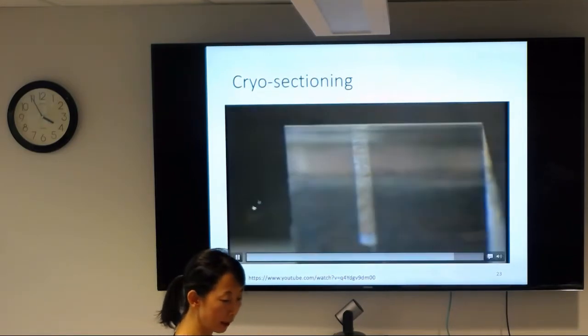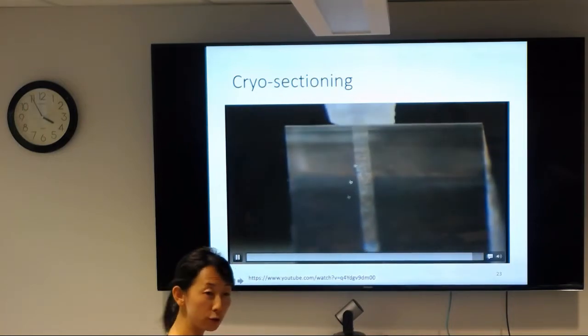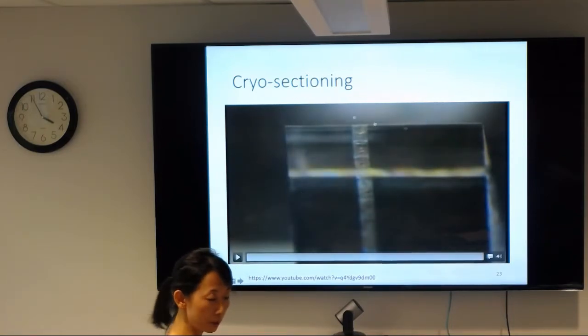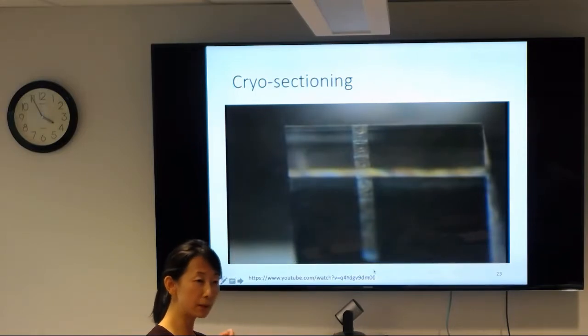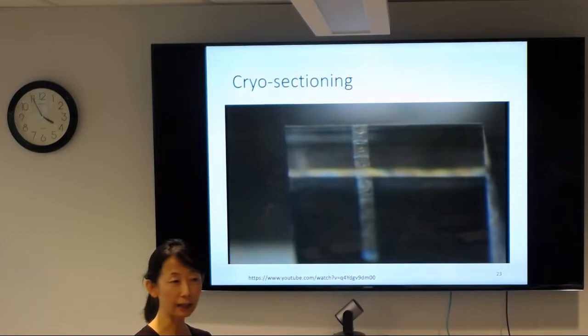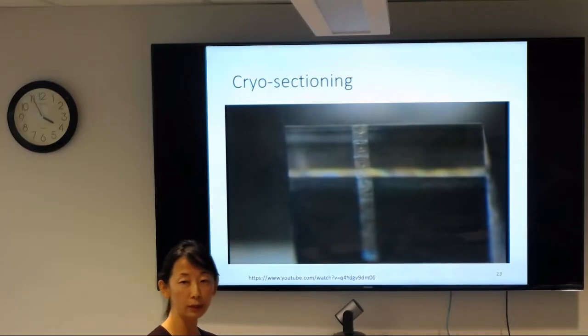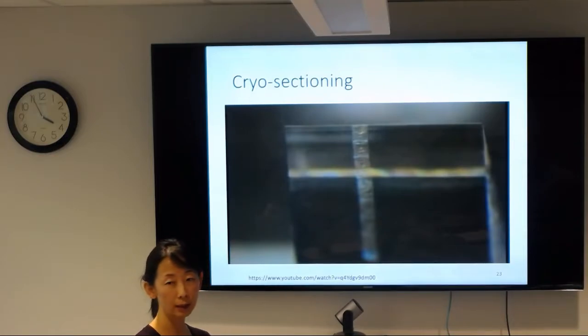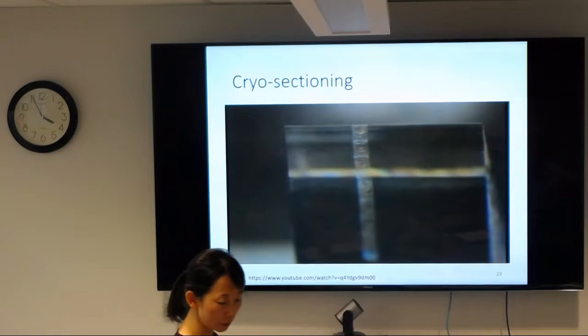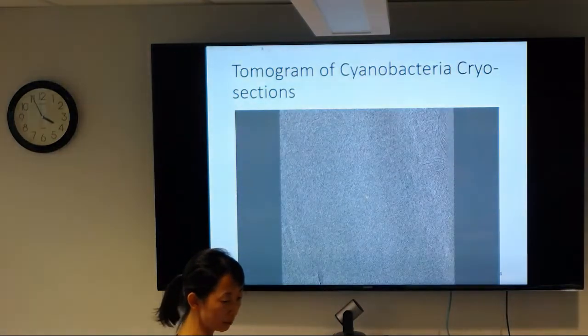This is a diamond knife, and this is the vitreous section of the sample you have from that big piece. And then the small fiber used to be eyelash. You basically manually pull out the ribbon. And then this is a ribbon usually like 200 nanometer in thickness. You will be able to apply to EM grid and then do tomography.